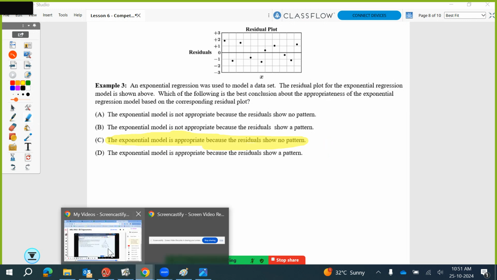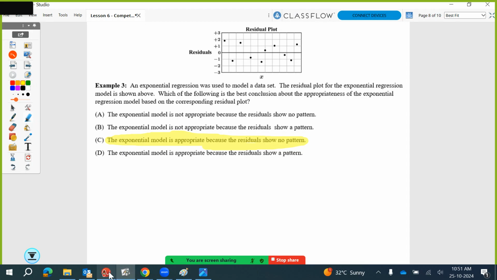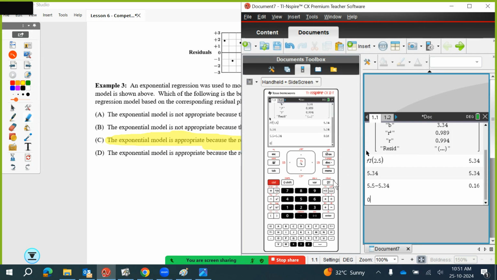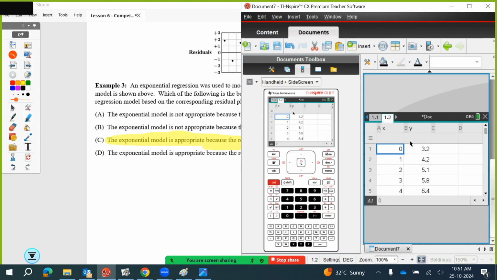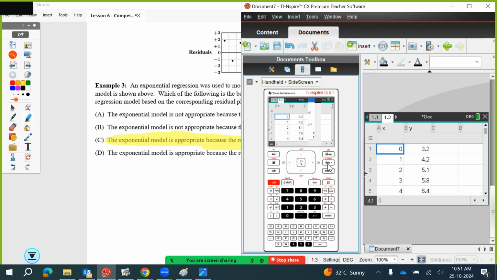Let's have a look at the one that we made here. We see what the residual plot looks like.